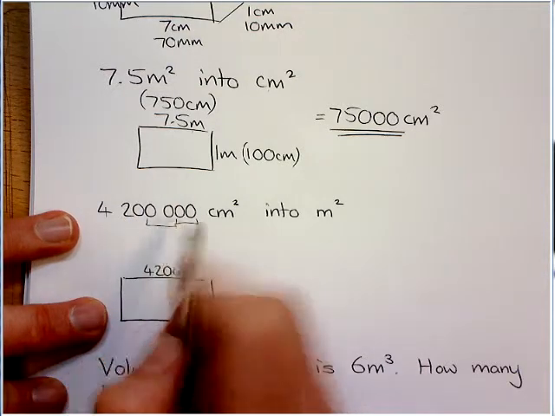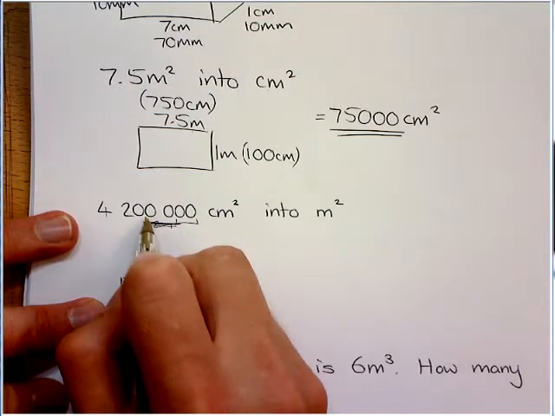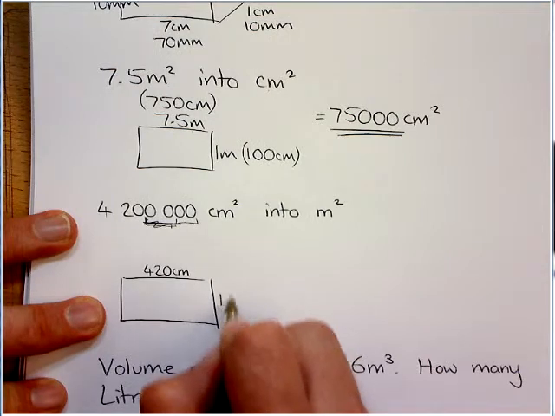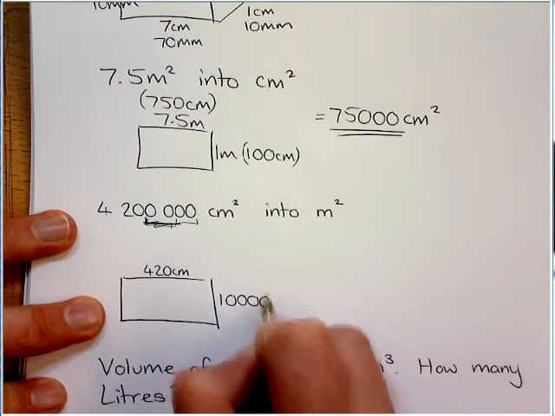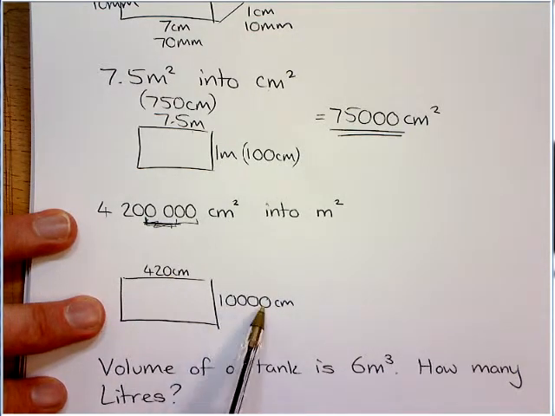That's silly. I'm going to do this: 420 centimeters times 10,000, 4 zeros. Just to double check, 420 times 10,000 would be 42 with 5 zeros, which this is. Now let's convert that into meters.